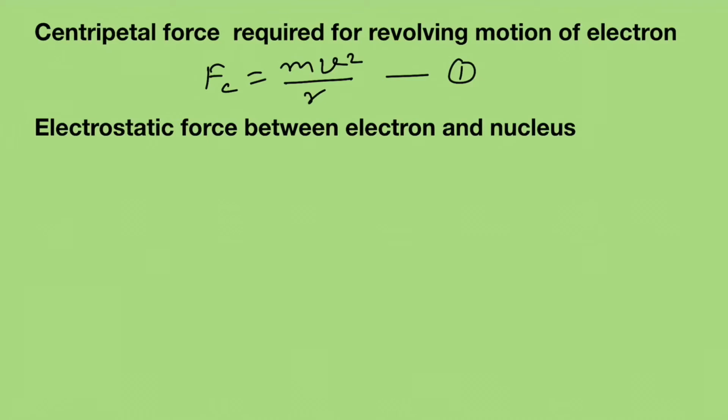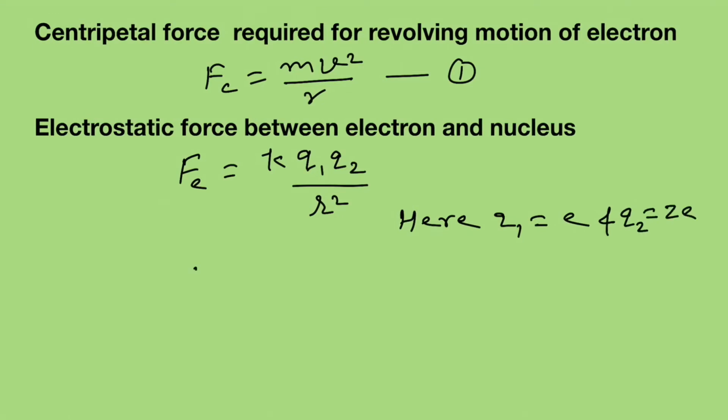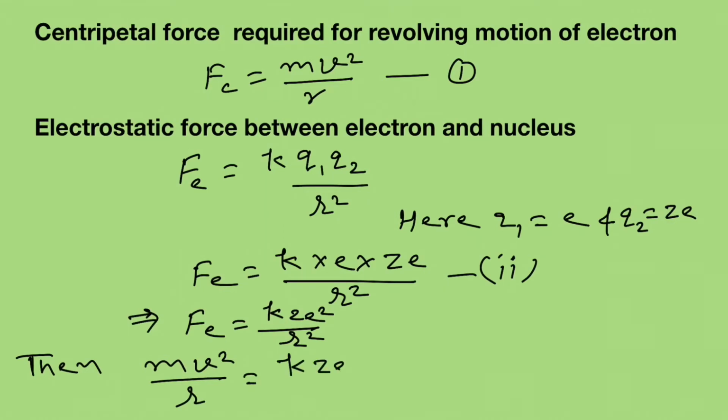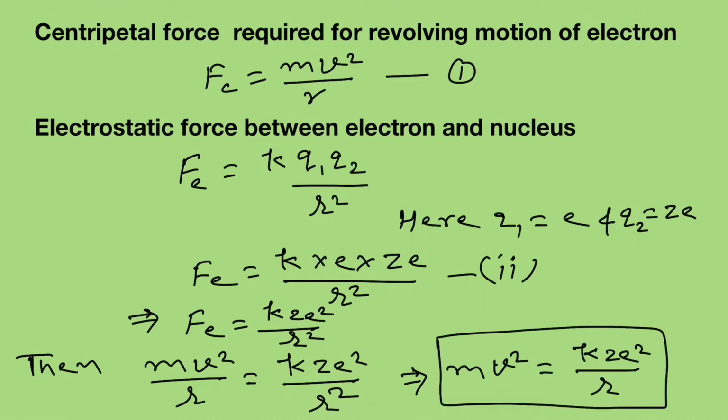Electrostatic force is given by Fe = kQ1Q2/r². Here Q1 = e and Q2 = Ze. So Fe = k·e·Ze/r². These two forces are equal because the electrostatic force provides the centripetal force. So mv²/r = kZe²/r², and r is cancelled, so mv² = kZe²/r.